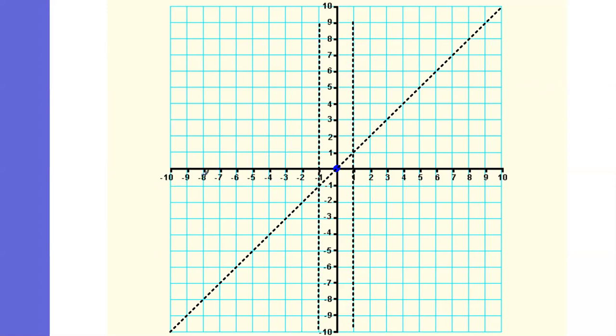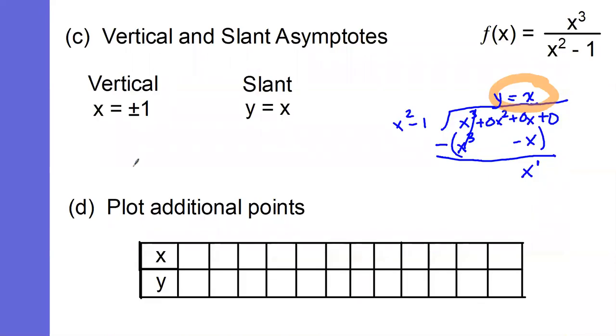Let's go at negative 8. Just plug in negative 8 and see where we are. So if my x value is negative 8, I have to do negative 8 cubed. Negative 8 times negative 8 times negative 8 is negative 512. And I have to take care of my denominator. Negative 8 squared, negative 8 times negative 8, is 64. 64 minus 1 is 63.